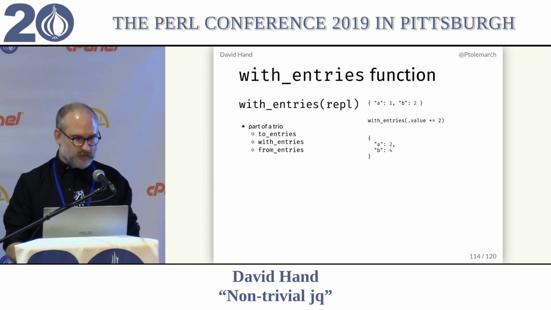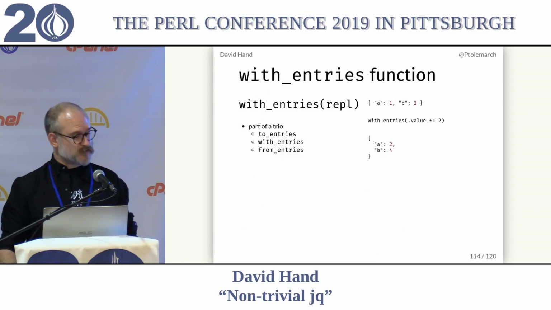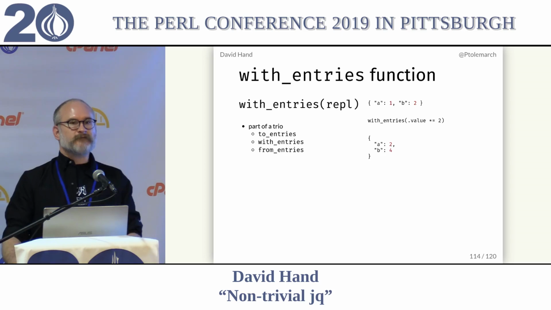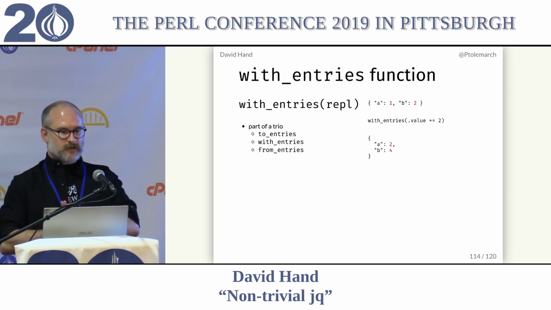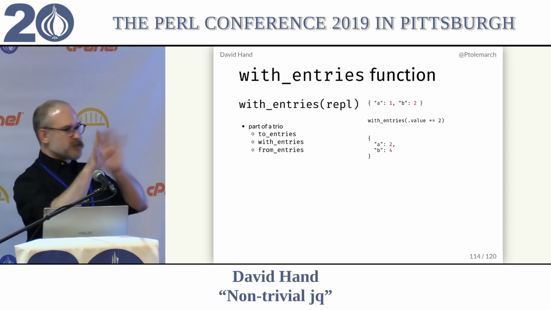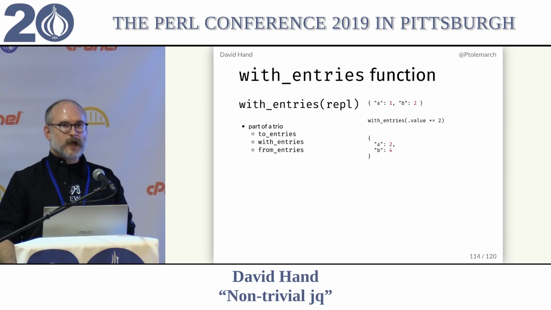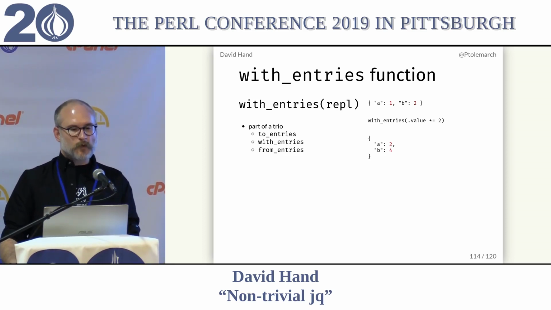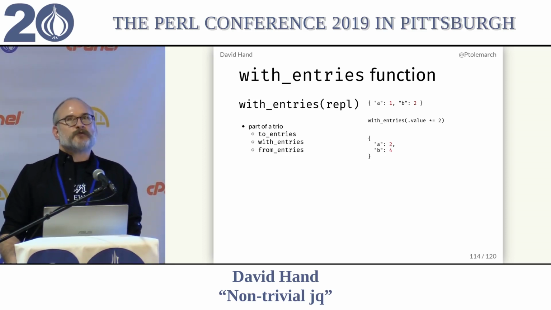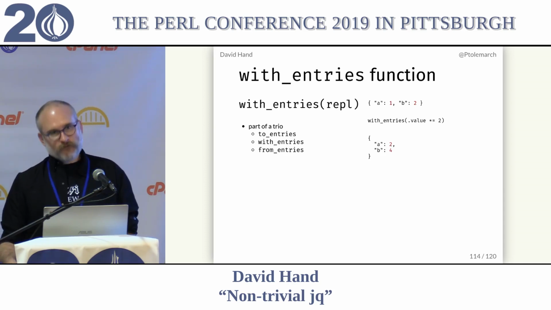In fact, with_entries is precisely to_entries, map, from_entries. I apologize that I have to hand gesture it instead of it being on the slide. It should have been on the slide.